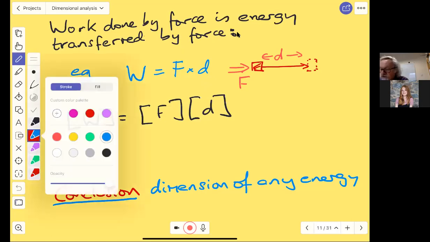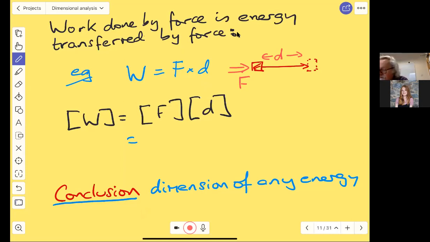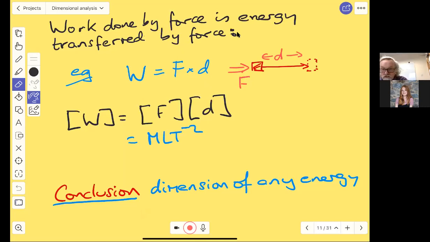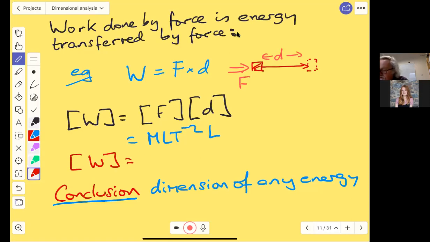So we can immediately write down that the dimensions of force are M L t to the minus 2. We just had that on this slide. Times d. D is a distance, so you know very simply what its dimensions are. I just said it, its length. So we now just do the simple tidying up. There's an L here and an L here. So when we multiply that together, we get that the dimensions of work are M L squared t to the minus 2.